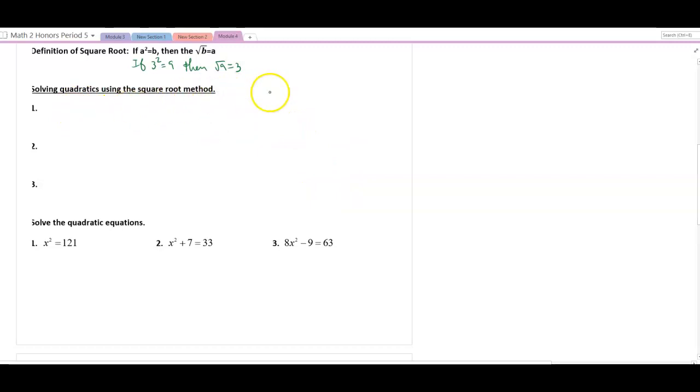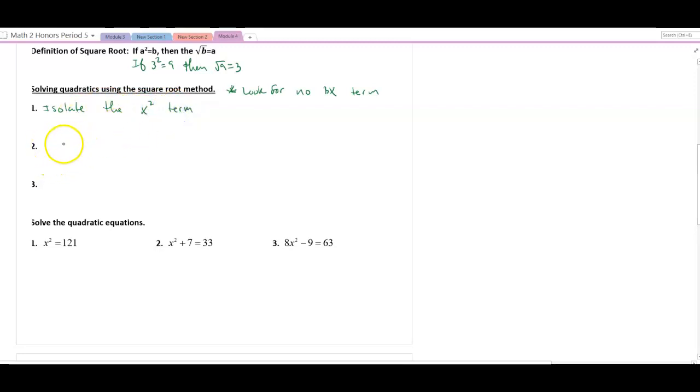First off, you have to look for a quadratic with no bx term, and that's the key part. The first step is to isolate the x squared term.